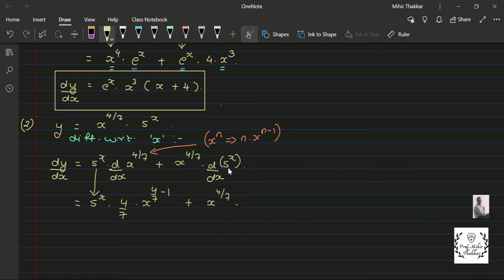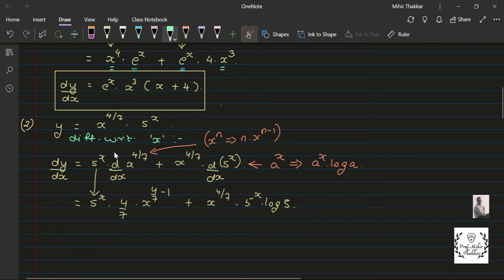And then 5 raised to x is similar to a raised to x. The answer for a raised to x is a raised to x into log a. So derivative of 5 raised to x will be 5 raised to x into log 5.